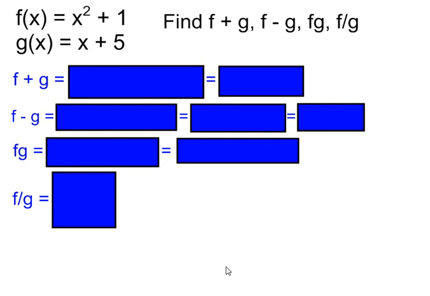So for this example, I have f of x equals x squared plus 1, g of x equals x plus 5. And we are going to find f plus g, f minus g, f times g, and f divided by g. So we'll look at f plus g first.